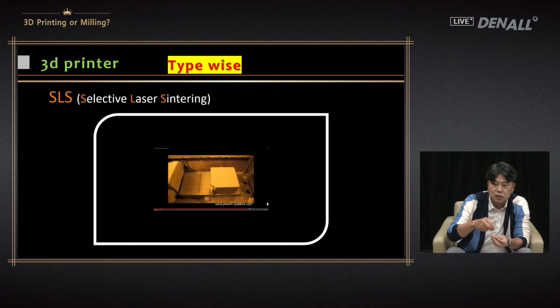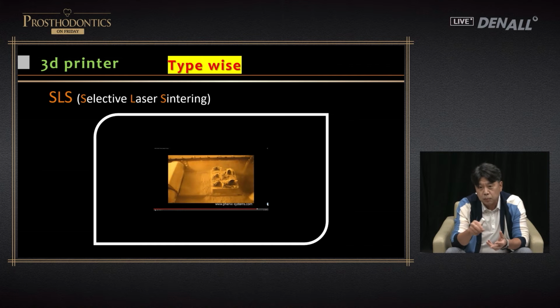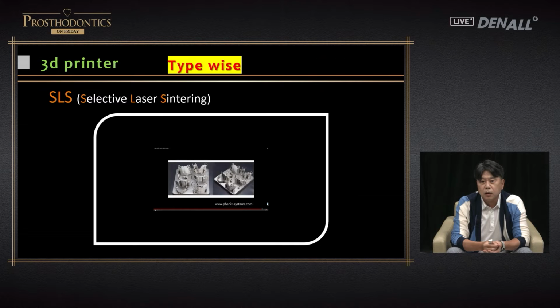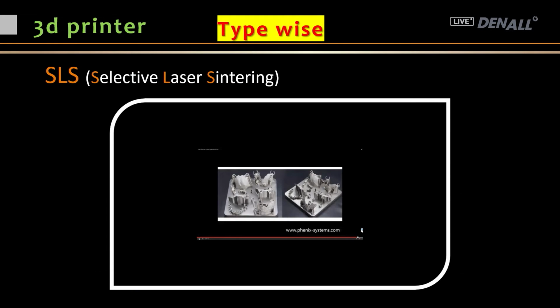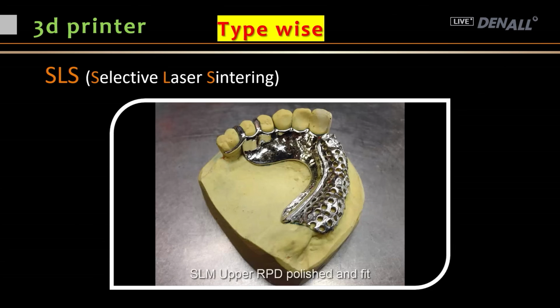So layer by layer, it is deposited. After it is completed, cobalt chrome powder is dusted off. Then it is not casting, but using 3D printing the RPD framework is made. It looks rough, but after polishing, it looks decent. A decent RPD framework.